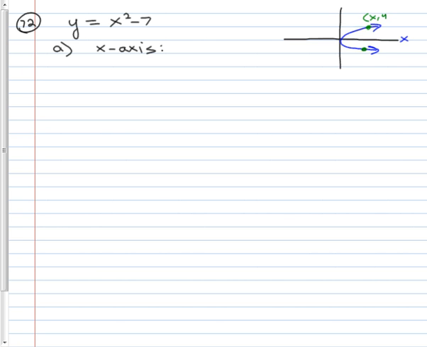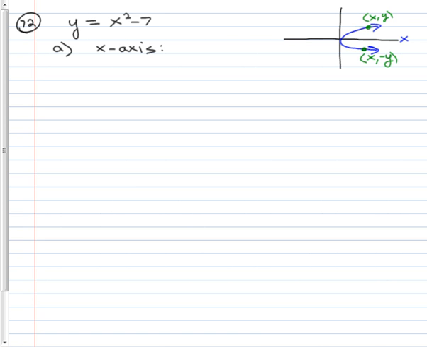So if I have some point (x, y), I also have the point (x, negative y), and that tells me what to do. I just need to replace the y with a negative y, simplify it, and see if it makes the same original equation.